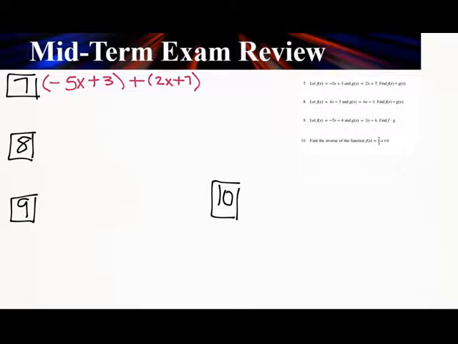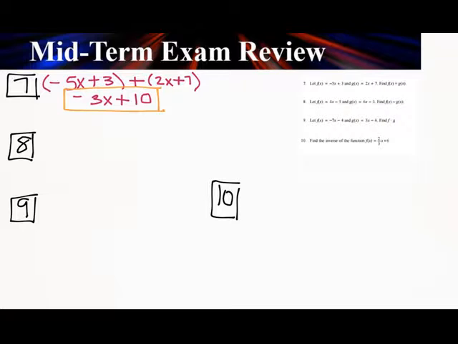Now, I put them in parentheses so you could see which ones I was using, but now I'm going to just add up the like terms. So -5x and 2x make -3x, and 3 plus 7 is 10. They're not looking for a final answer here. They're looking for a simplified answer, which is just the addition of the two expressions.